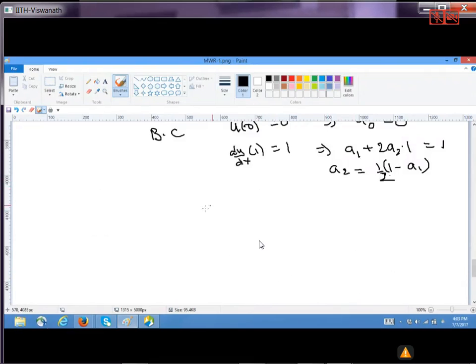So that means my u tilde can be defined as a naught plus a1x plus a2x square, where a naught is 0, a1 is a1, and a2 is given by 1 minus a1 by 2.